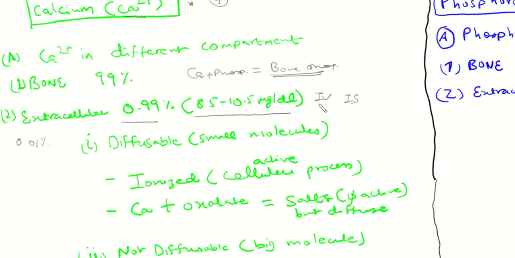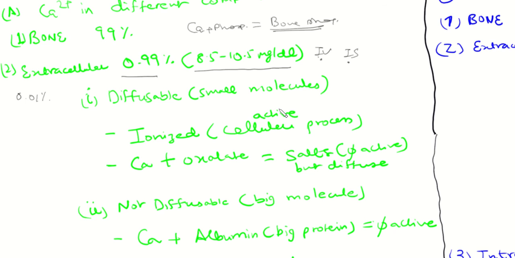Those two constitute extracellular space, and the concentration of calcium on both sides is the same. So when we draw blood and we measure calcium, we get the extracellular calcium because it's the same calcium in the interstitium as it is in the vascular space, right? And the level is 8.5 to 10.5.